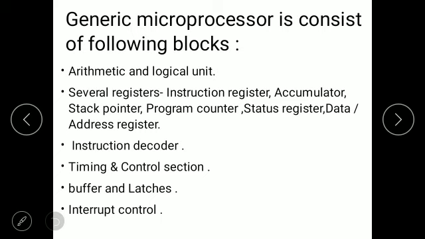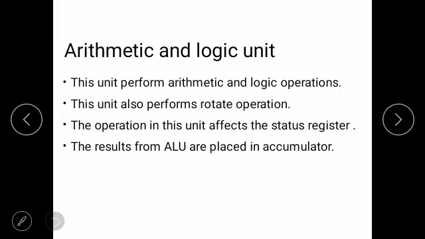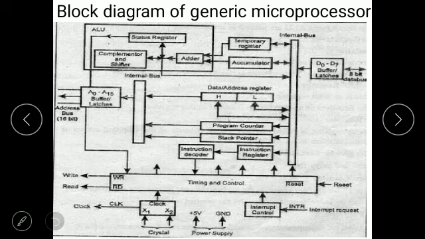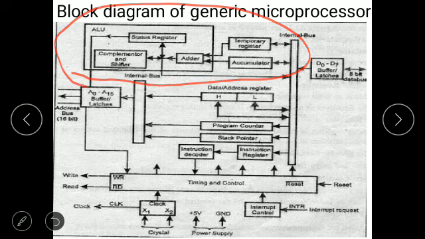Your first block is arithmetic and logic unit. Now if you see the block diagram of generic microprocessor, you can clearly understand the upper part of your generic microprocessor is nothing but ALU, that is arithmetic and logic unit. In the last video we discussed arithmetic and logic unit, but still I will give you a recap of ALU.